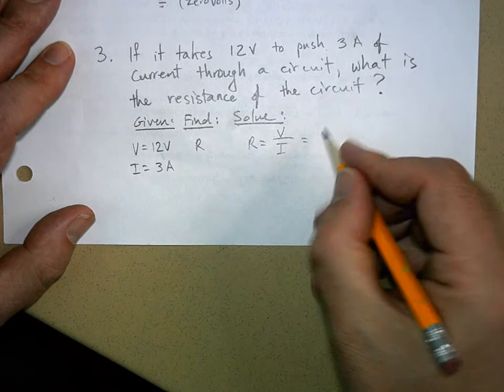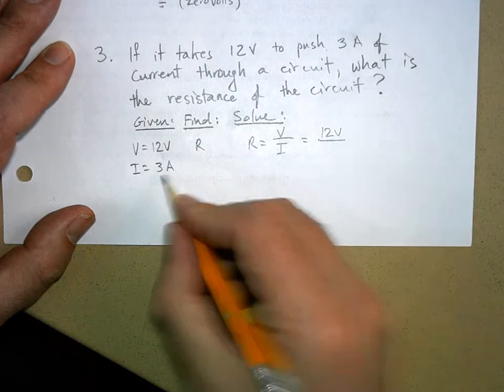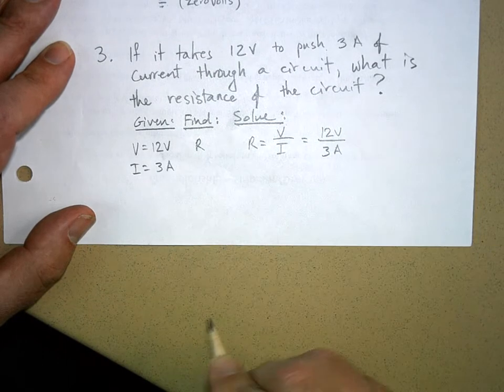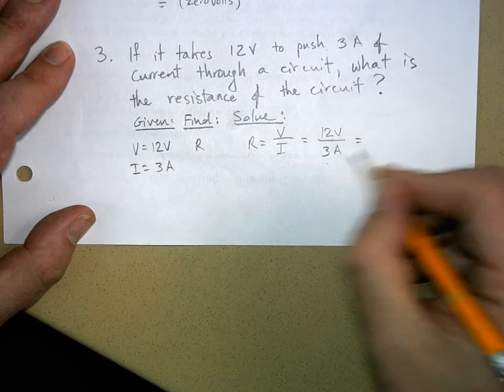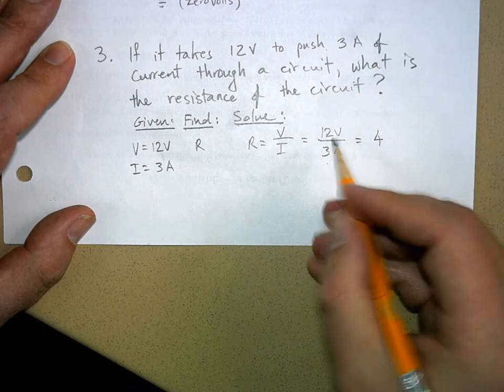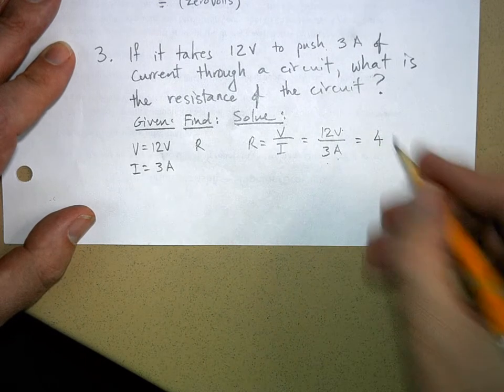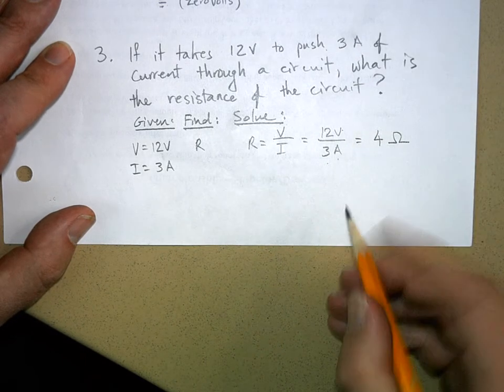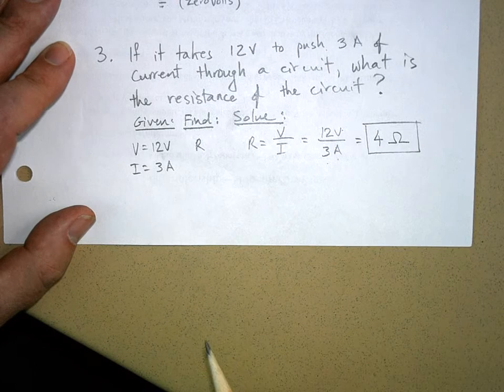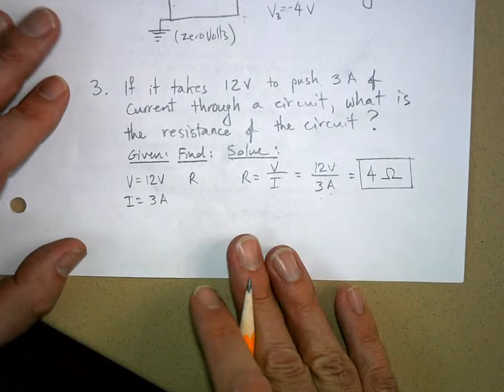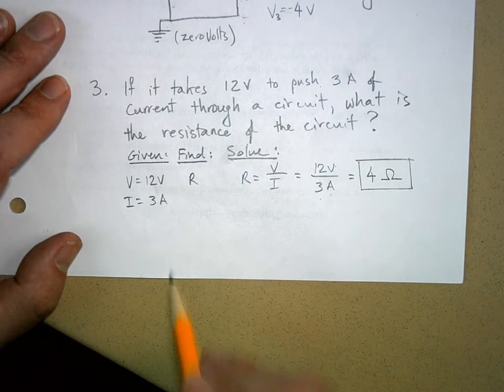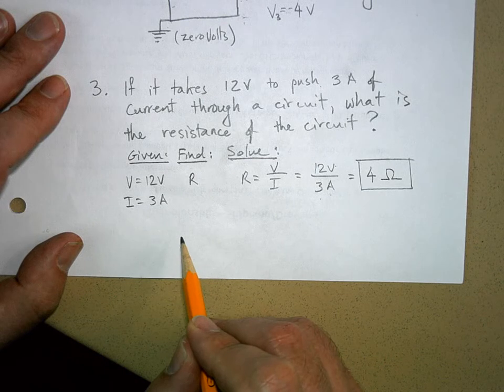And so that's 12 volts divided by 3 amps. 12 divided by 3 is 4. And a volt per amp is an ohm. So 4 ohms. This is my answer. Now when I give you the quiz tomorrow, I expect you to show your work the way I did.